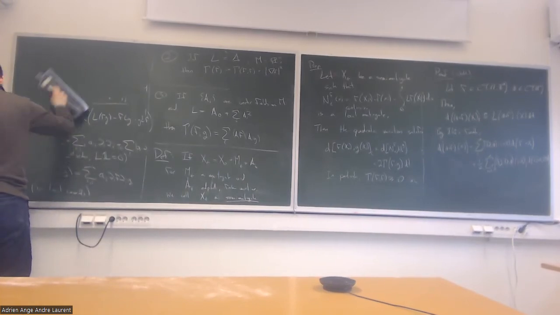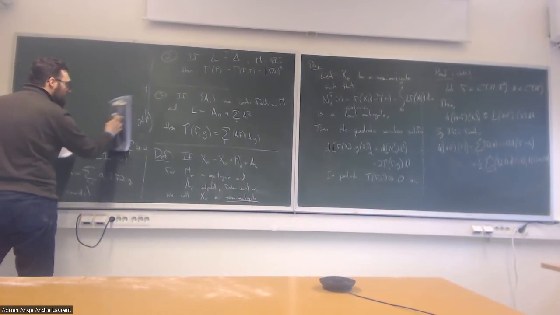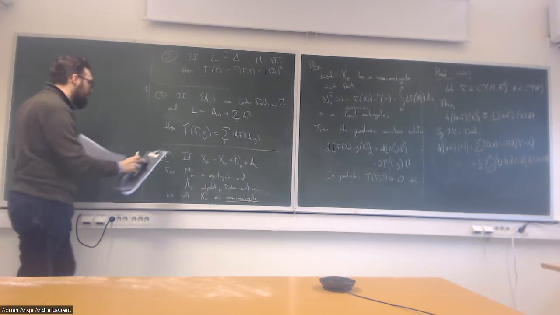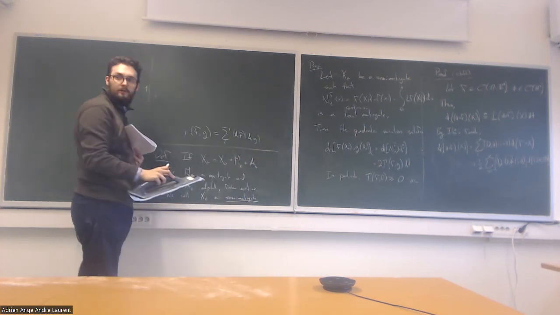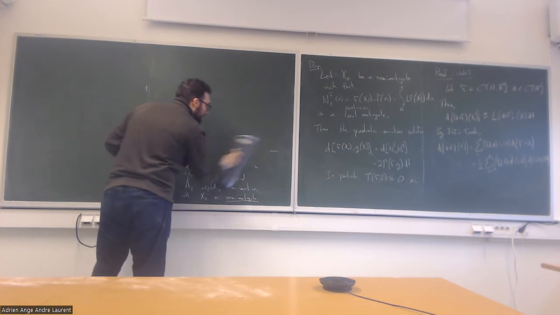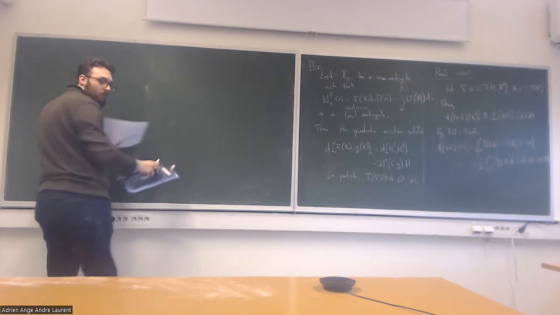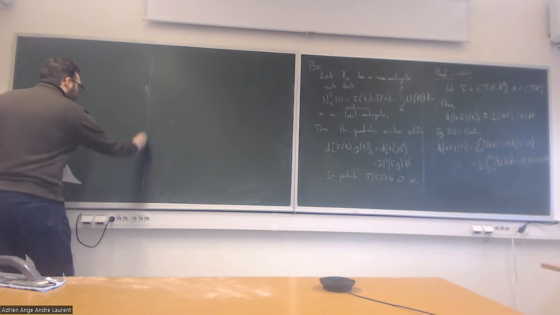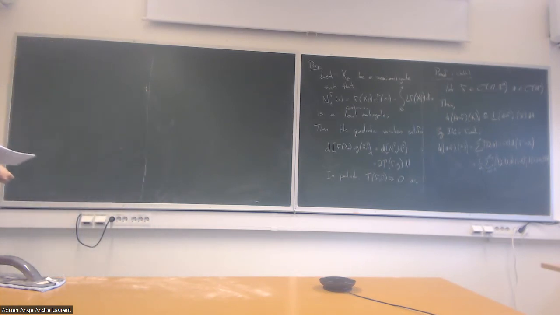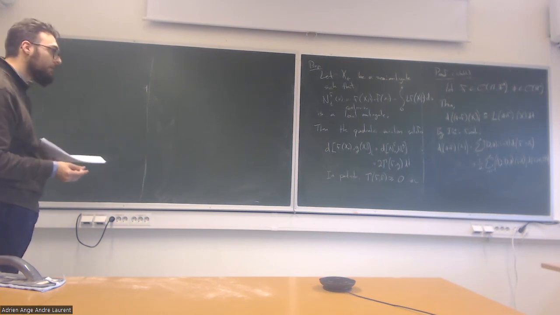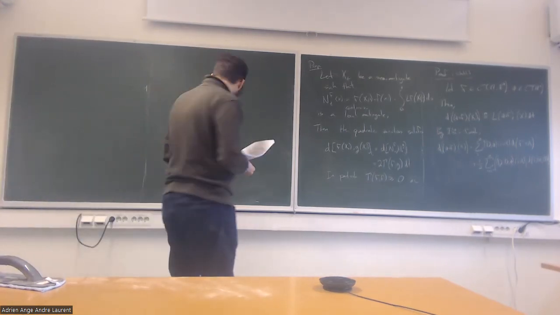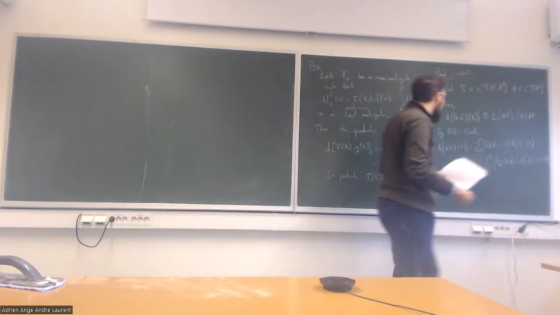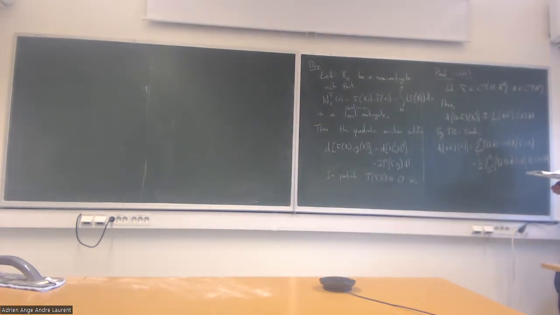So now, what happens? We're going to equate the drift parts. By drift parts, I mean the part that follows as a process of bounded variation, or equivalently this first order part. We're working with a diffusion operator L, right?